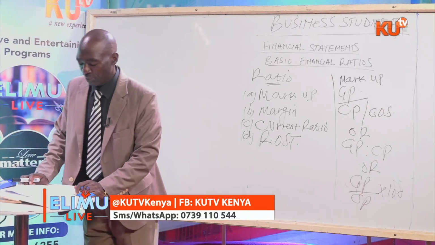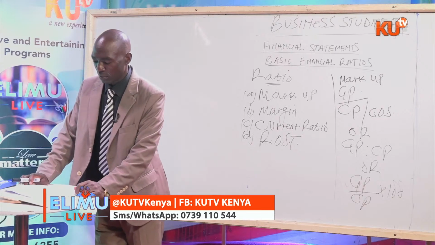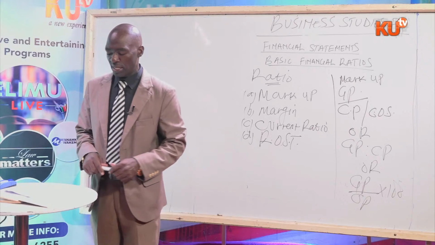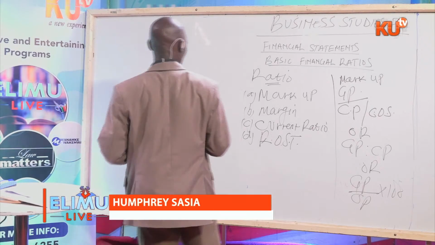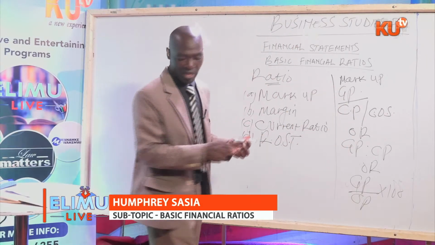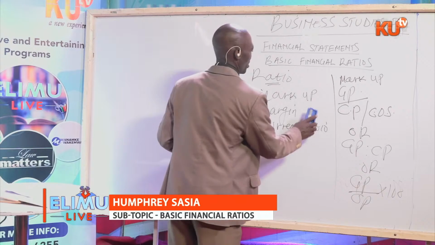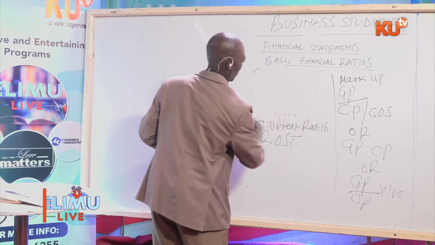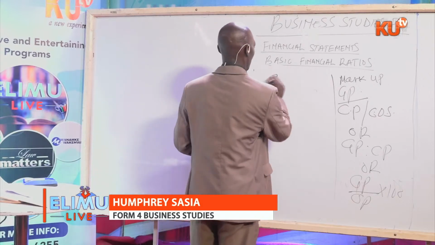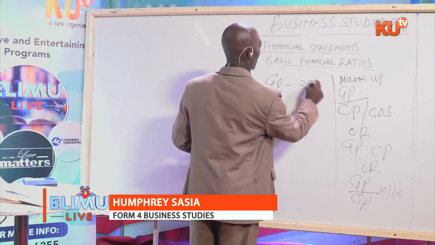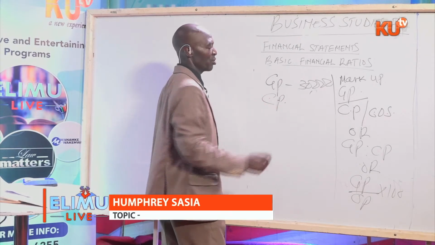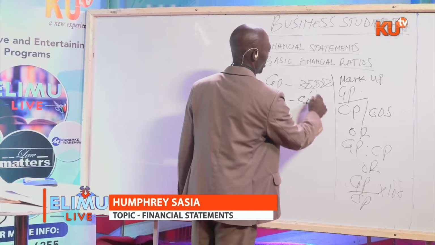Given that gross profit is 30,000, so if we have GP 30,000, and then cost price, that is the cost of goods sold or cost of sales, is 50,000.